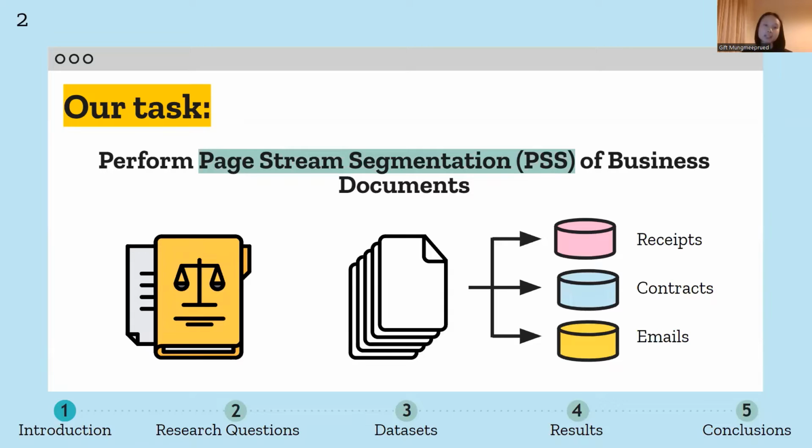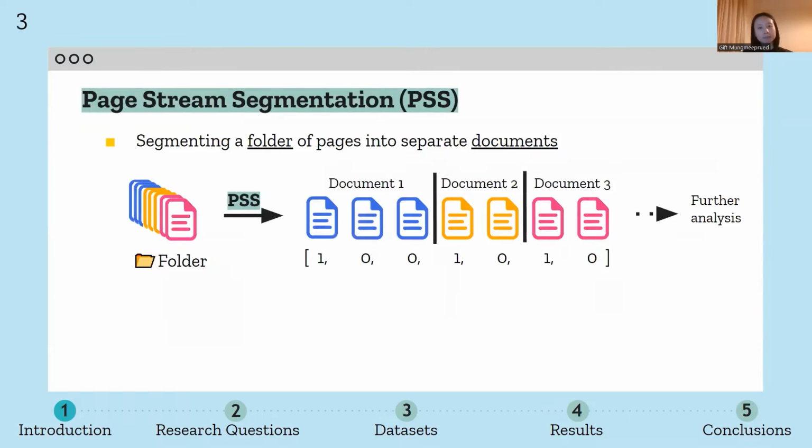The process of separating the documents into different groups is required before each document is fed into the pipeline for information extraction, because what information is to be extracted is based on specific types of documents.